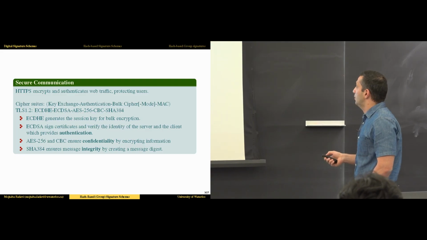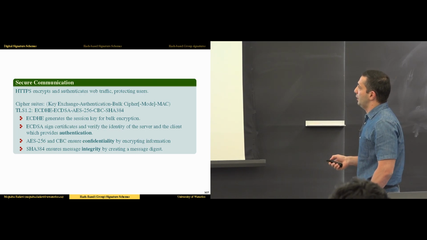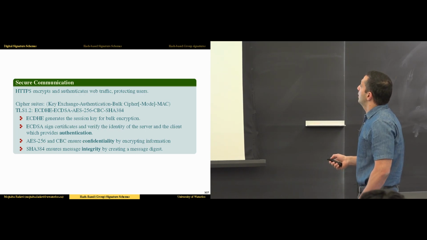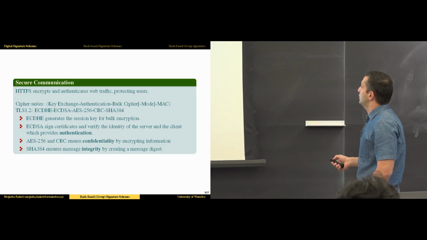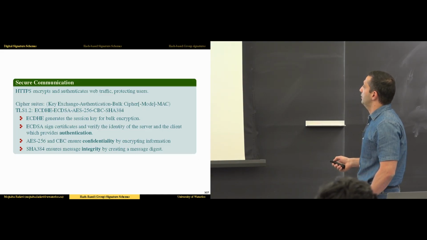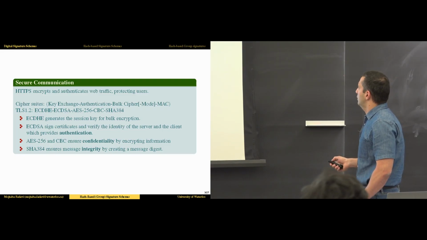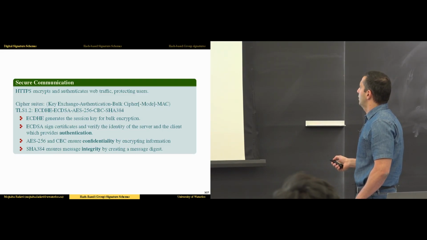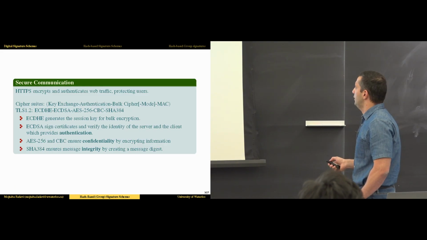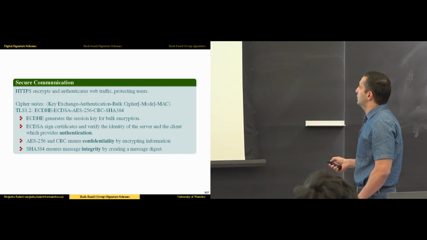The first part shows the key exchange protocol, which in TLS 1.2 is elliptic curve Diffie-Hellman ephemeral. The second part shows the authentication method, where we have the elliptic curve digital signature scheme. Then we have an encryption scheme based on a mode of operation, which in TLS 1.2 is AES-256 based on CBC, and the last part is the MAC that uses a hash function.